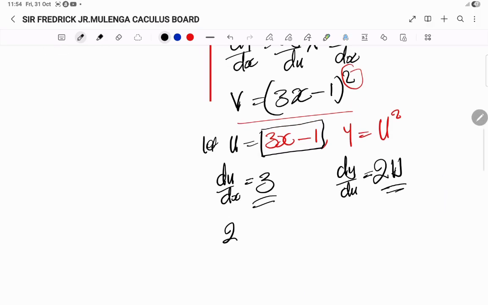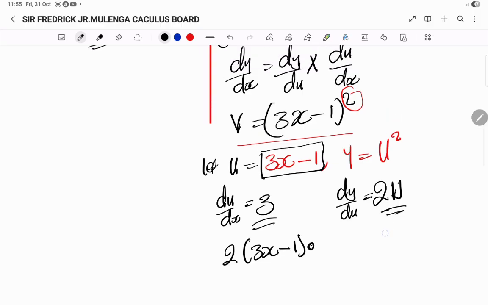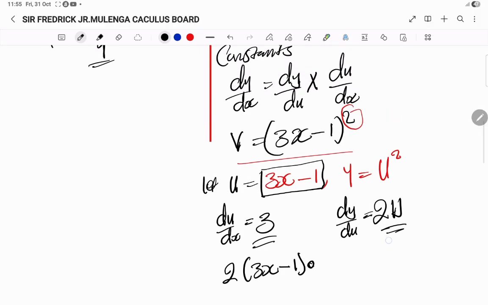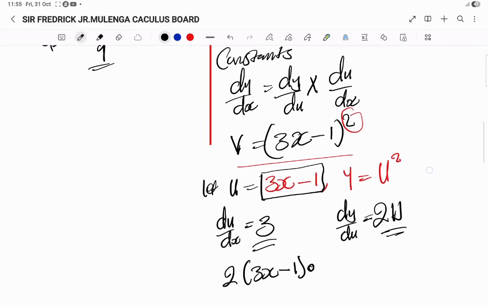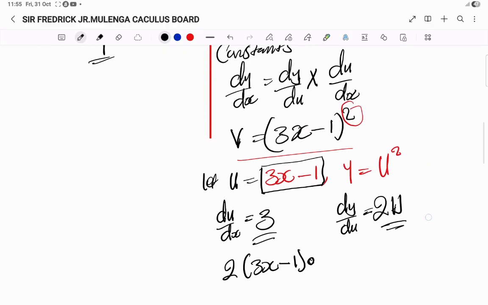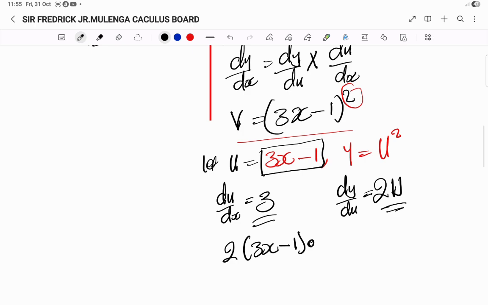So we'll substitute: where there is u, you put 3x minus 1, times du/dx. So what is our du/dx? Our du/dx is 3. So it will be 3 like that.